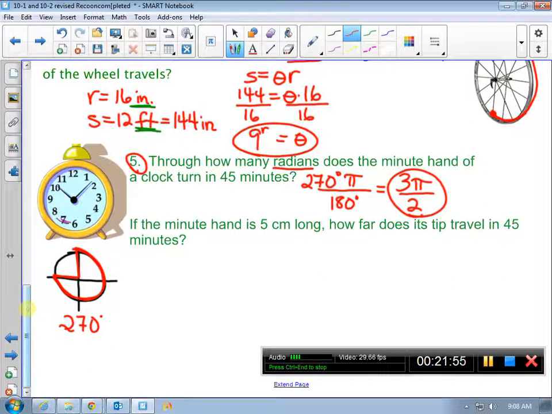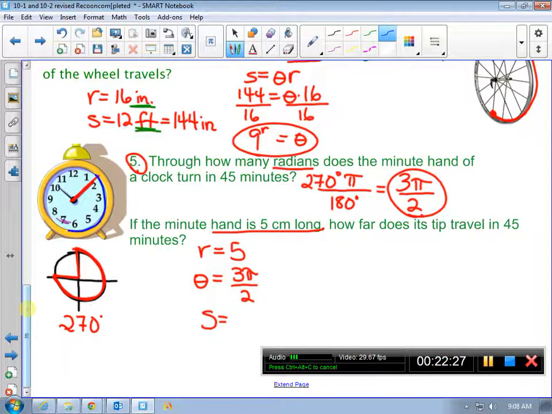But if the minute hand is 5 centimeters long, so they're giving you a radius of the circle, how far does its tip travel in 45 minutes? So we already figured out that 45 minutes makes an angle in radians of 3 pi over 2. And the tip traveling would be the arc length. So the tip of this minute hand travels, and that's your arc length on the outside. Okay, so we're looking for that. Let's write the formula down.